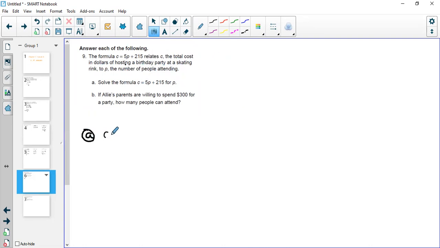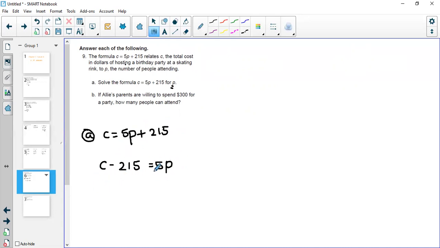So the equation given for us is C equals 5p plus 215. And they said solve for p, which means we have to solve for this part. So before solving for this part, we have to remove this. When you remove that, it becomes C minus 215 equals 5p. Now 5 multiply p is written like this, 5p.